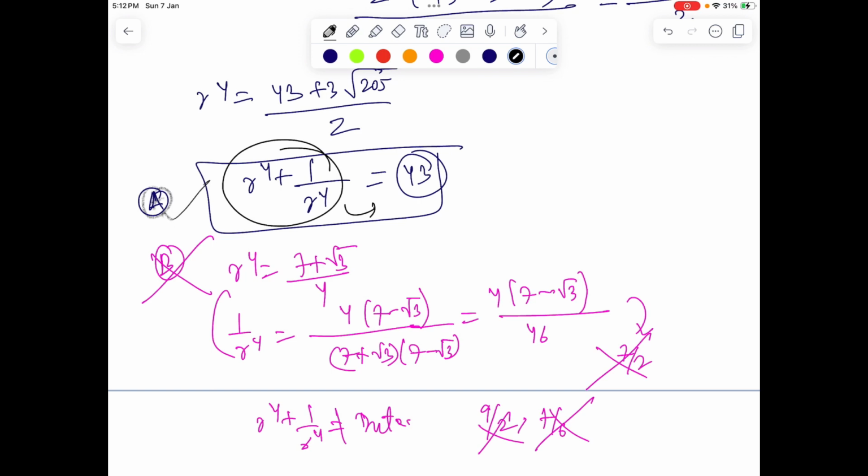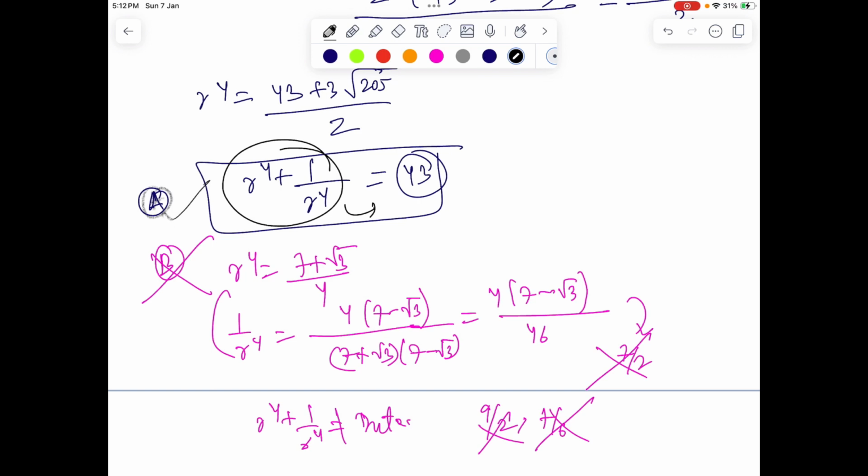How am I sure that if r⁴ + 1/r⁴ is an integer, the r that I am getting will satisfy the initial condition of the problem? Maybe the r that we are getting unfortunately does not satisfy this. In that case, option A might become a wrong option, and the question would be absolutely wrong in terms of the setting.